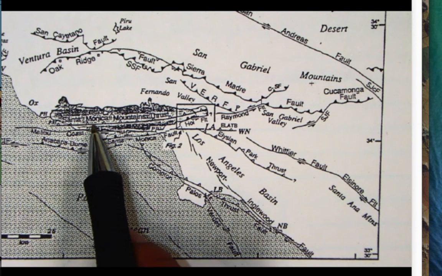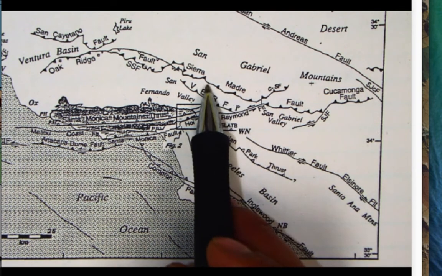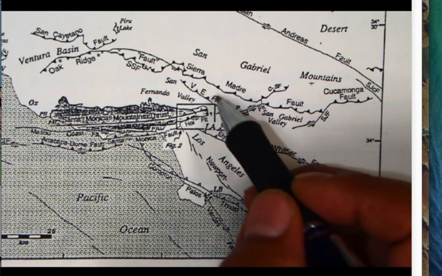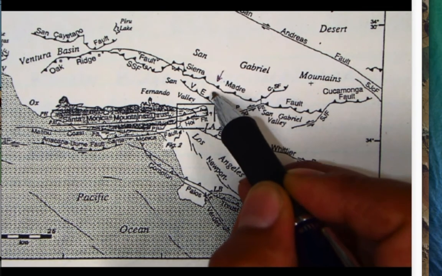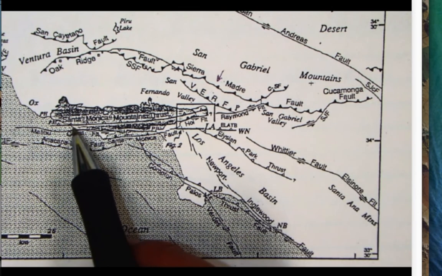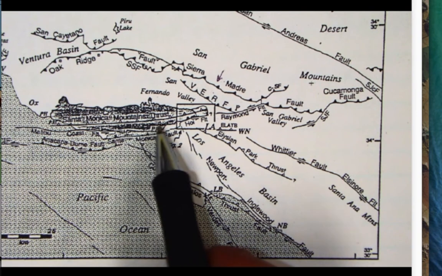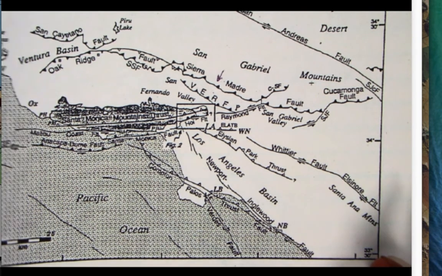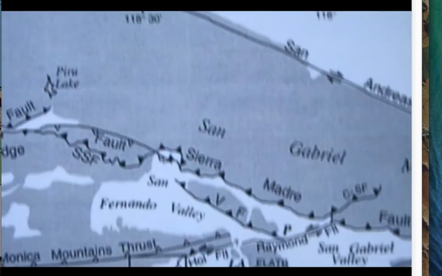So remember the teeth refer to a thrust fault, right? Where this plate is being pushed down and this plate's rising over the top. So this would be the upper plate and that's the lower plate. In this case, in the Santa Monica Mountains, we have one here, but it's one of the blind thrusts. So these mountains are resulting from this compressional stress due to movement along the Big Bend.